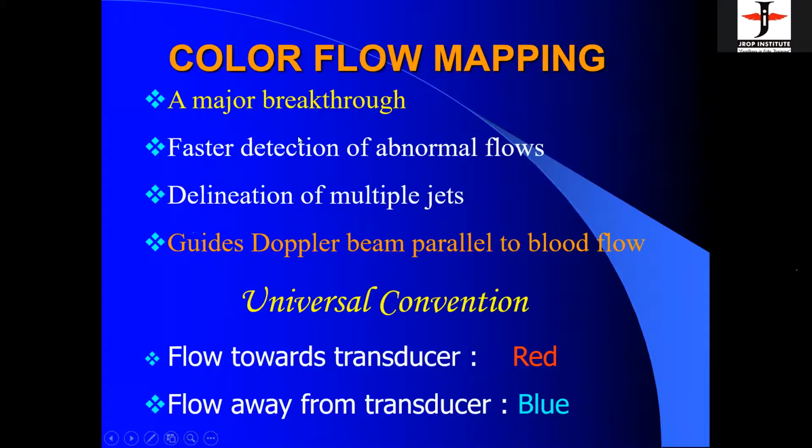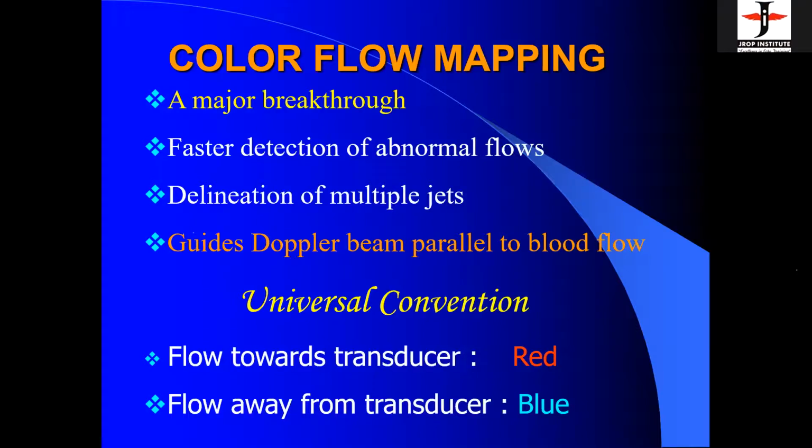That is what the color flow mapping tells you, whether you are having AS and then MR. I only told you today because we are dealing with Doppler, so that it can delineate multiple jets and allow faster detection of abnormal flow. You have to be very careful when there are two flows very close together. You have to be very careful in assessing it, and there are various methods, as you proceed further, to differentiate between the two. But you are right.